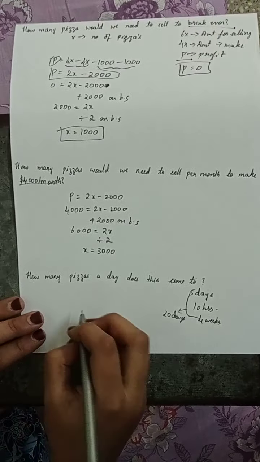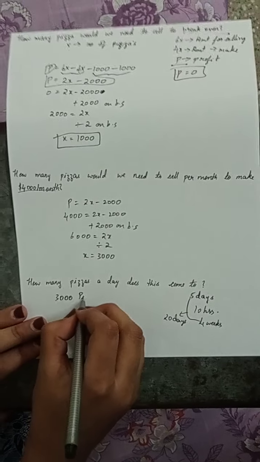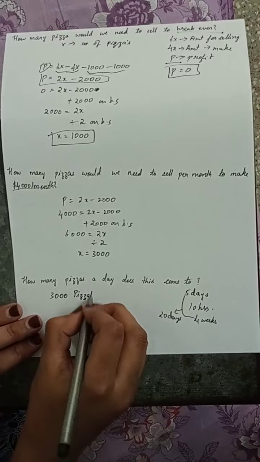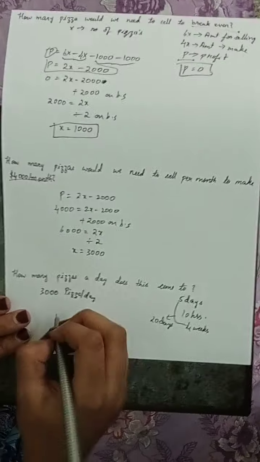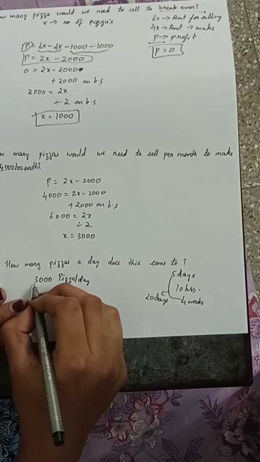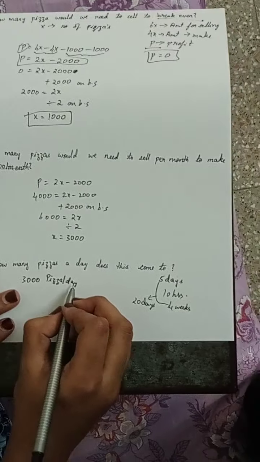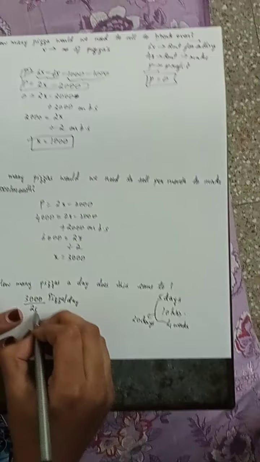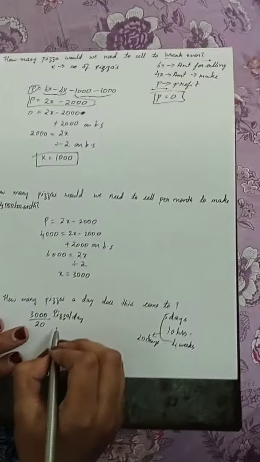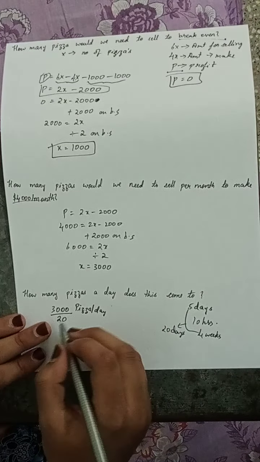So now what I'll do over here is I'll take 3000 pizza per day. Now this is not 3000 pizza per day. So now if I divide it by 20, I'll get the amount of pizzas that I have to be preparing for a day.